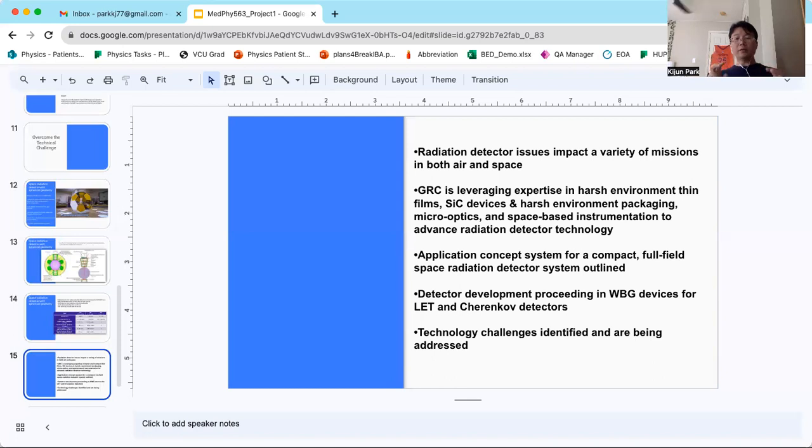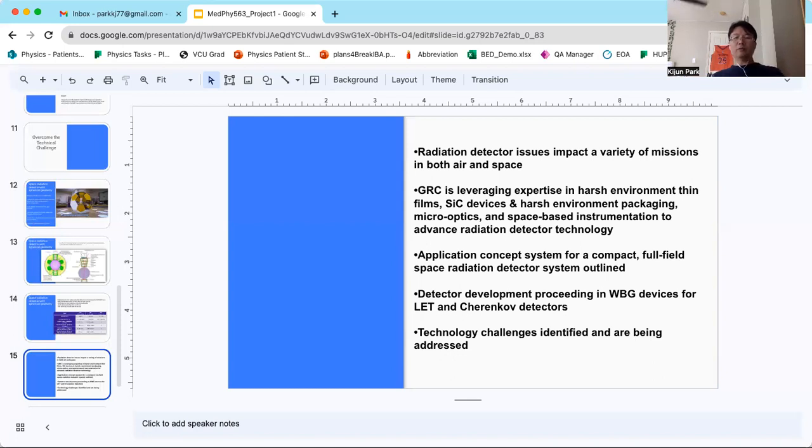But the application concept should be compact, and a full-field space radiation detector system should be carried out, because the radiation is not localized. It is the entire space and the entire energy range. The energy spectrum is not localized; it is the full range of the energy spectrum, or momentum range, and the time structures.